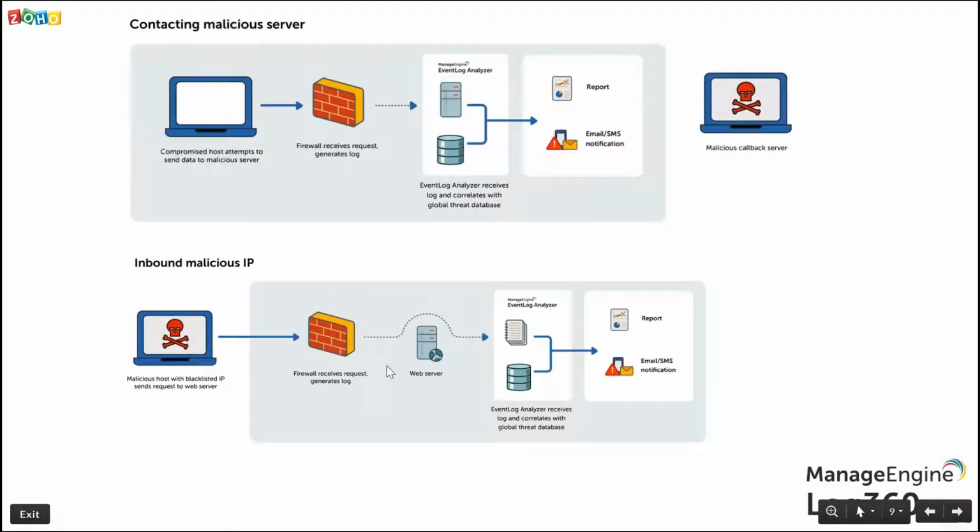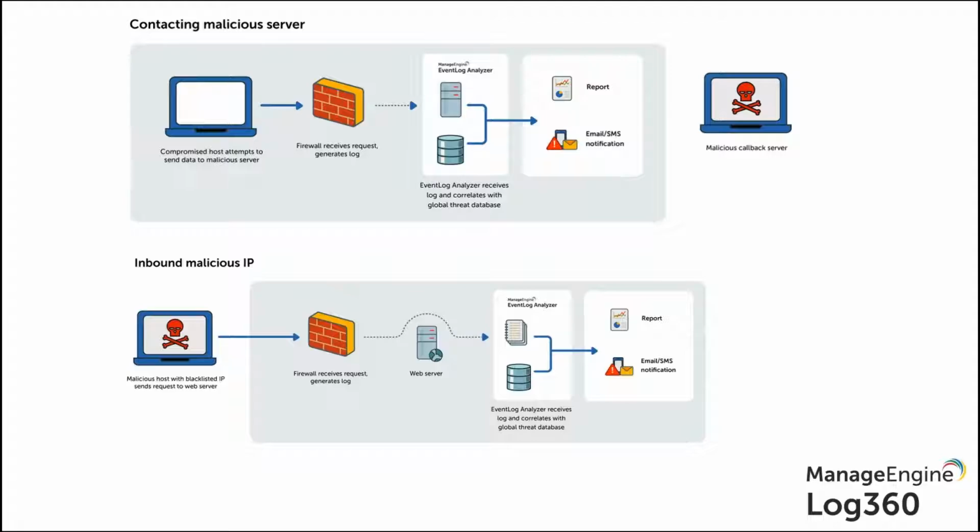So once again, let's just take a couple of scenarios to understand how this works. Let's say that there is a particular system within your network which comes under the control of a malicious external callback server, right? And this system attempts to send some sort of sensitive information to that server.